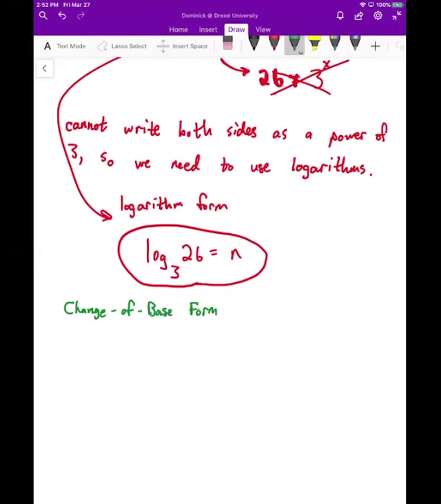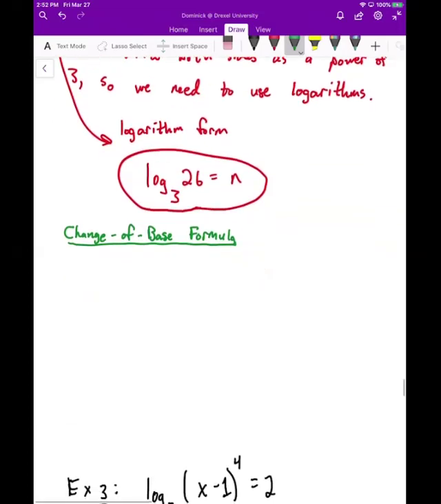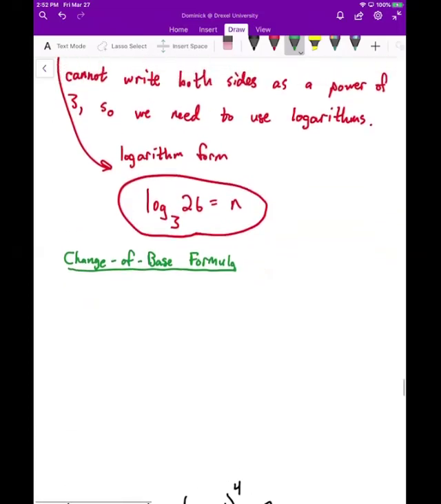And this is going to allow us to find, for example, these logarithms that are not a common log or a natural log, which we haven't talked about yet, but we'll talk about later, in our calculator. Because if you look on your calculator, you're not going to find anywhere to enter in a log with a base of 3. Right? So to get around that, we're going to introduce the change of base formula.